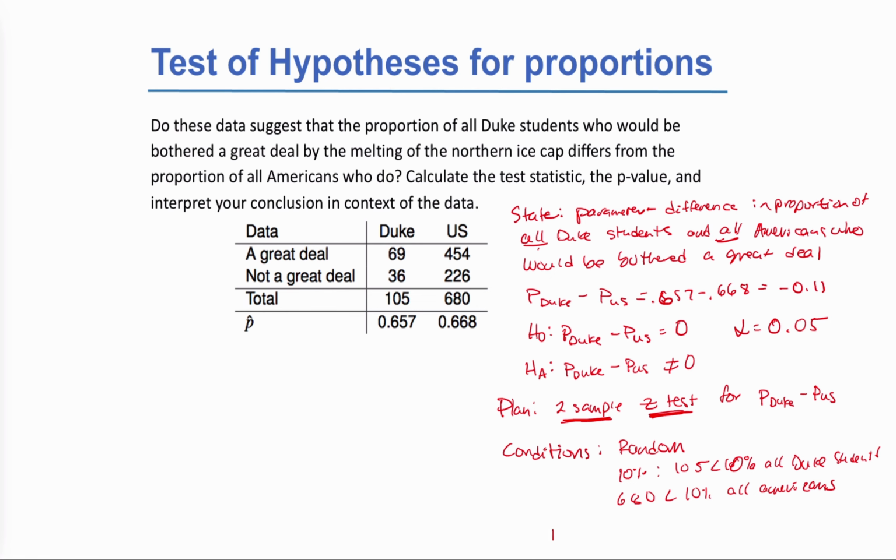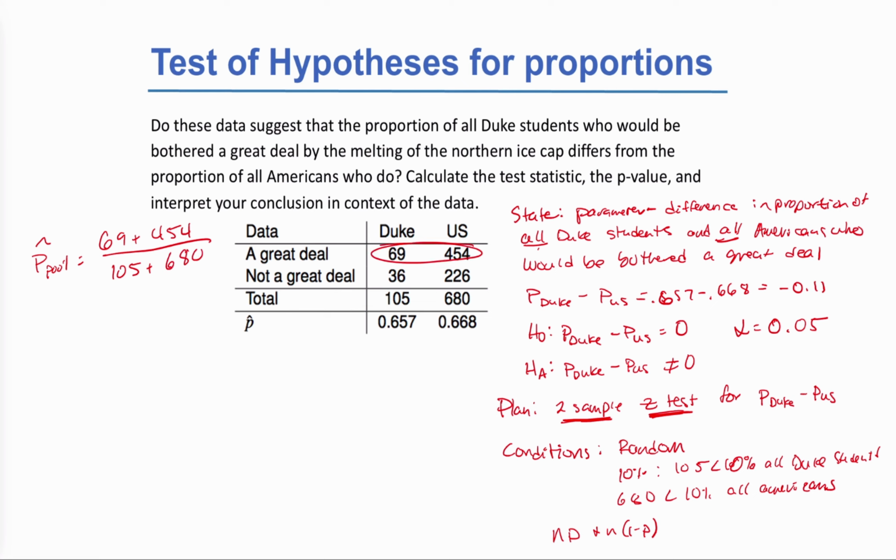And then we check our nP and n(1 minus P). And remember, for that, we use the pooled proportion. So the pooled proportion, P hat pooled, was 69 plus 454 over 105 plus 680.